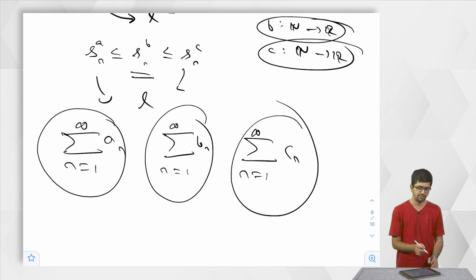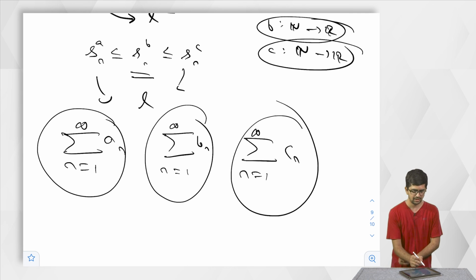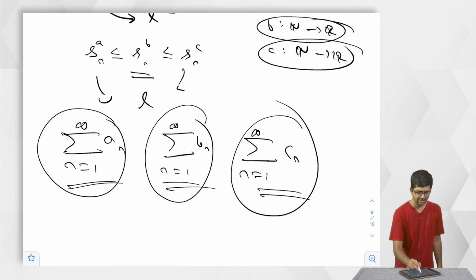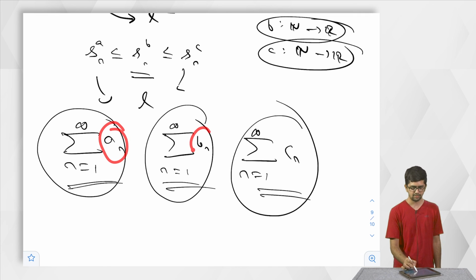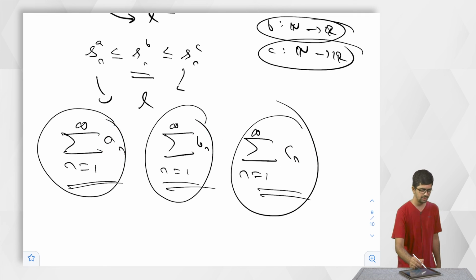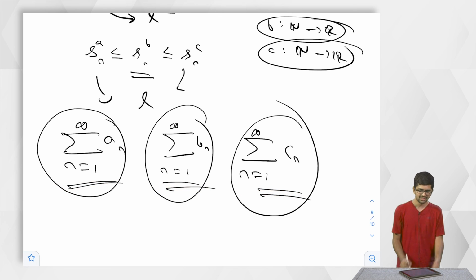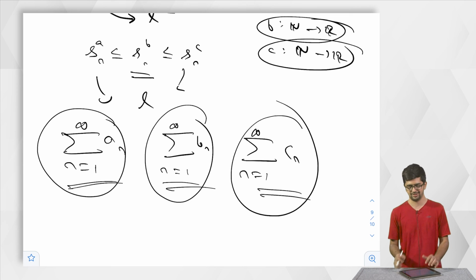Right, so here we have the following. Suppose we have three series, summation an, summation bn, summation cn, and an is less than or equal to bn less than or equal to cn, and I know that the outer two are convergent, then this is convergent. This small thing may be useful at a later stage.